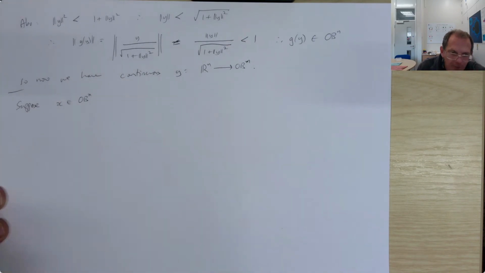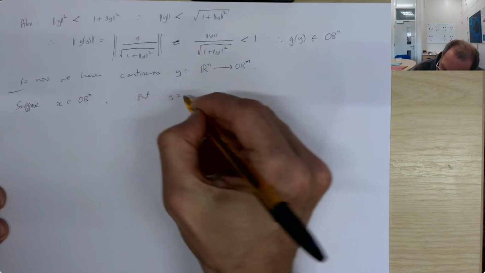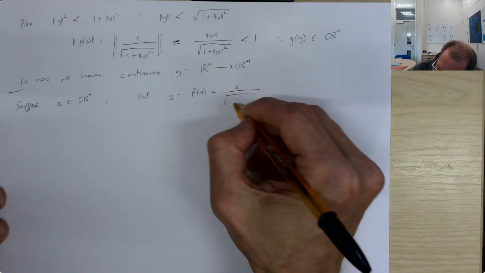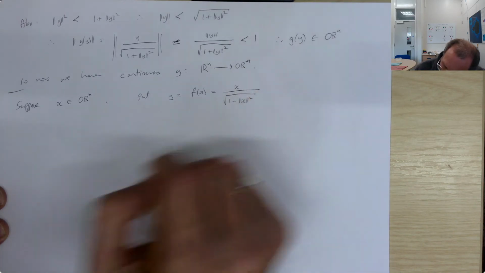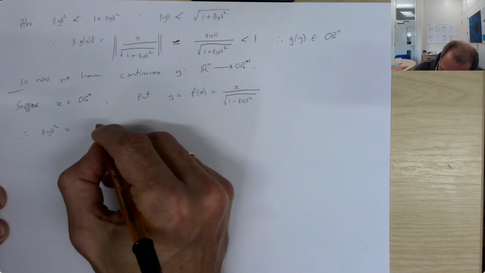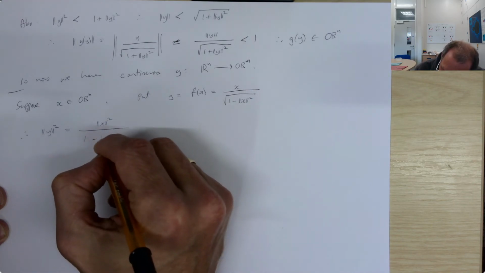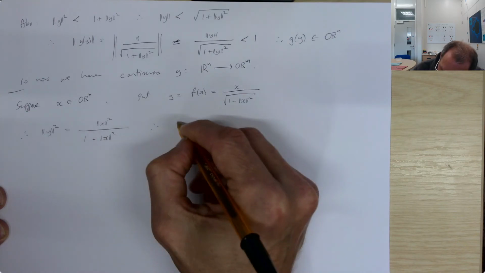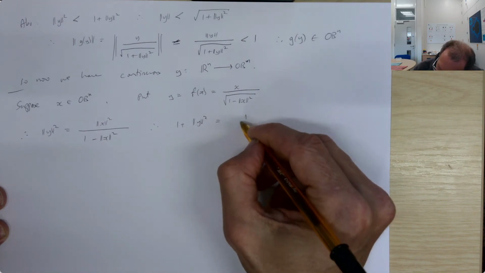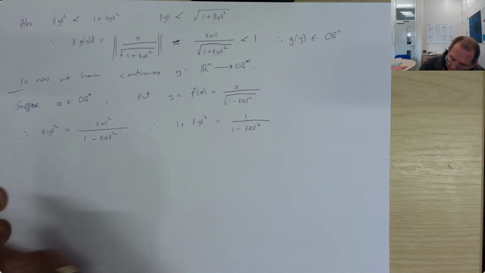So let's go back to suppose that x is in OBN, and let's put y as f of x. So that's x divided by the square root of 1 minus the norm of x squared. So the norm of y squared is going to be the norm of x squared over 1 minus the norm of x squared. 1 plus the norm of y squared, putting it over a common denominator, is going to be 1 over 1 minus the norm of x squared.